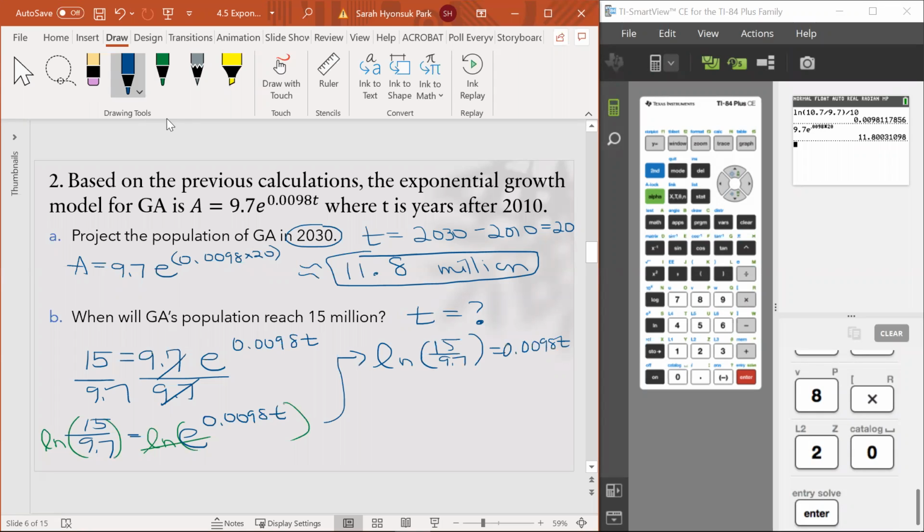The last bit is to cancel 0.0098 to isolate T. So we have T equals ln of 15 over 9.7, divided by 0.0098, so calculator time.